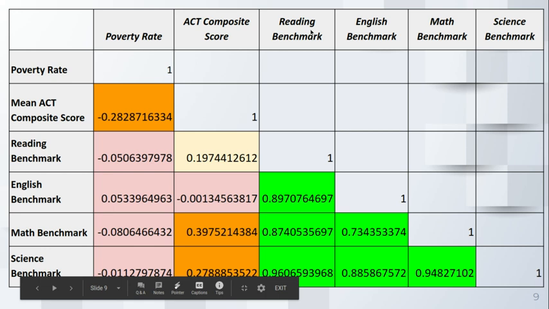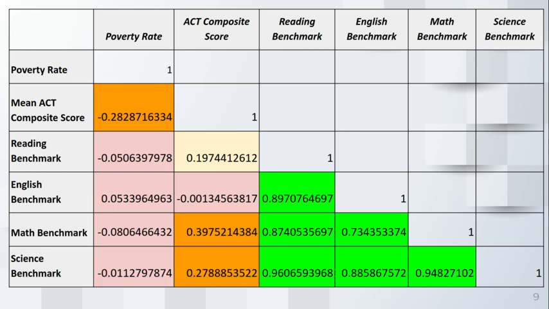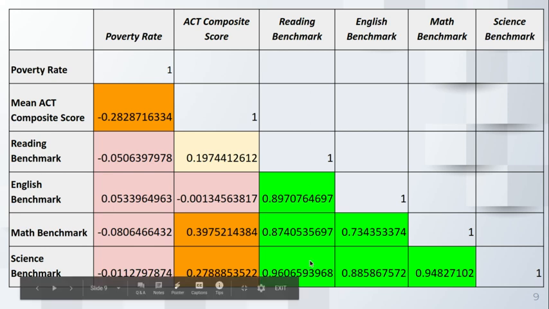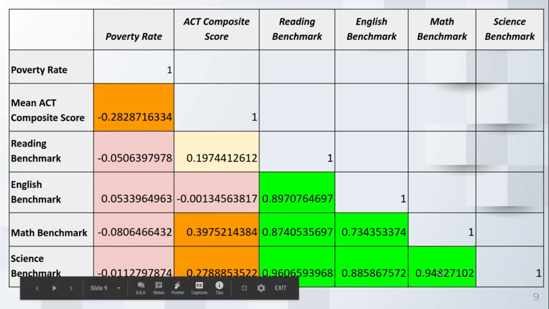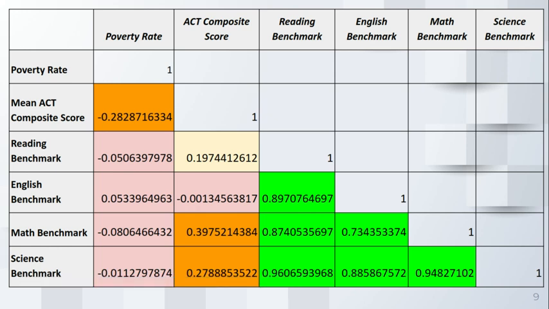So as my reading ability goes up or skill goes up, my science scores should increase as well. And you can see the same thing here with English, and the correlation is still strong. And obviously, not surprising, math and science are very closely related in the correlation. Very strong relationship and in a positive direction.